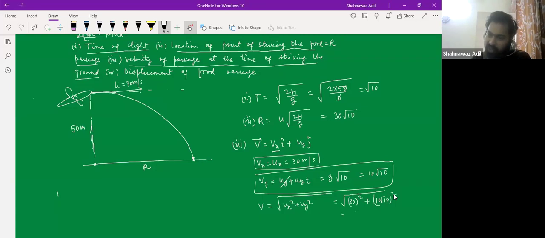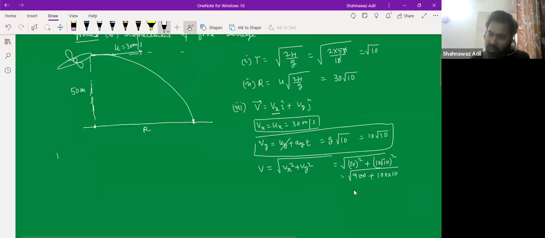So this is 900 plus 100 into 10, so 100 into 10 is 1000. So this is root 1900, which is 10 root 19. So this is the final velocity with which this object strikes the ground.